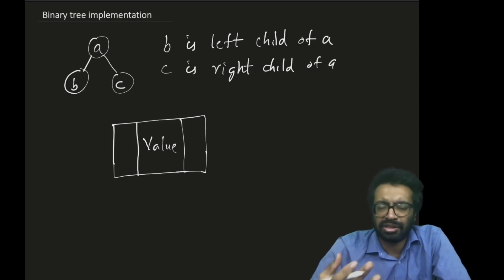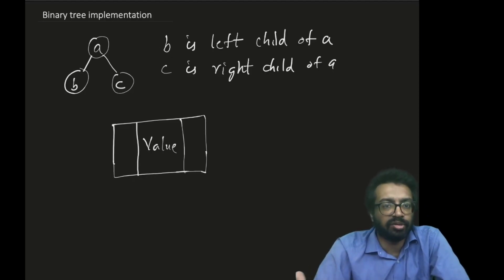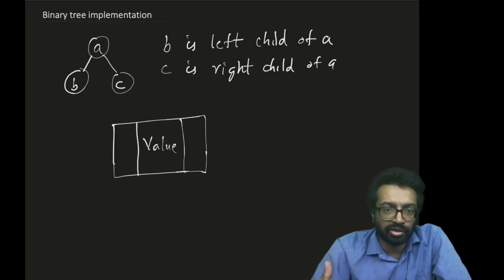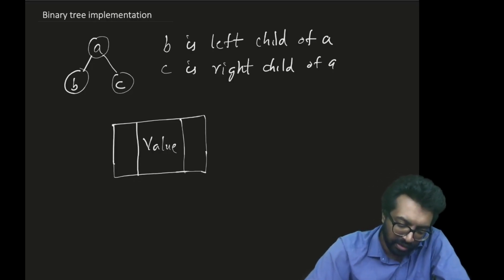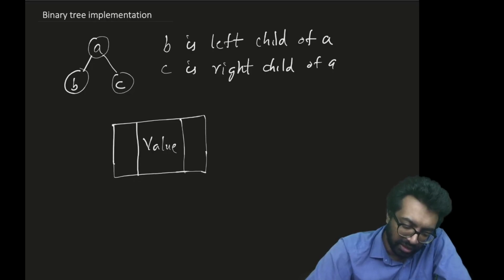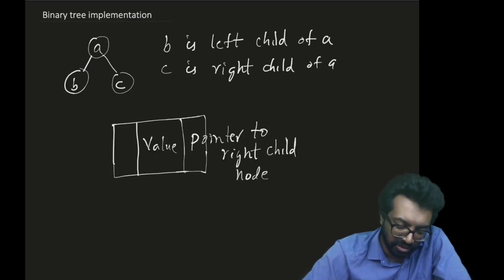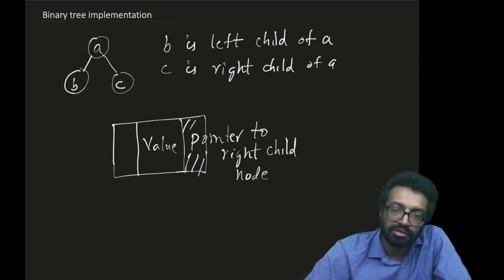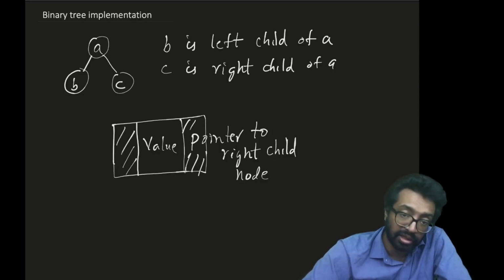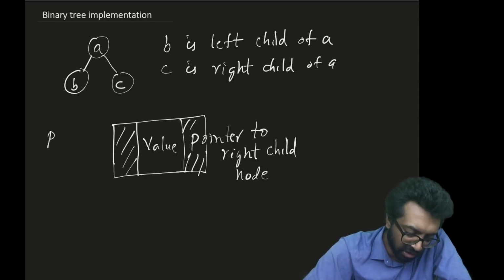So this is my pictorial representation. In the middle there will be the value of the node, and on the right will be the pointer to the right child node. That's going to be here. Okay, and on the left, what will it be? It's clear what it should be. It's a pointer to the left child node.